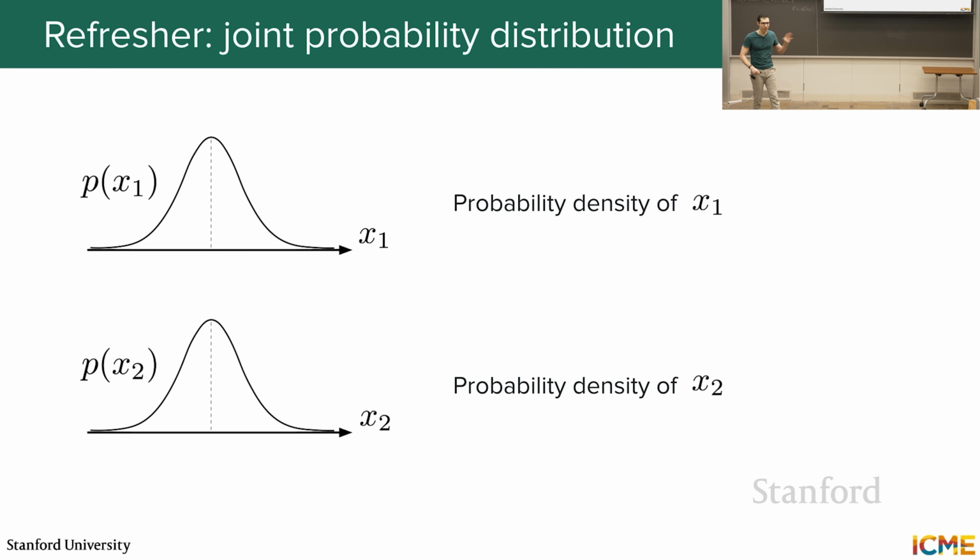Before we determine that, I just wanted to go through a refresher of a concept in probabilities, the joint probability distribution. Suppose that you have two random variables drawn from two distributions, let's say x1 and x2.